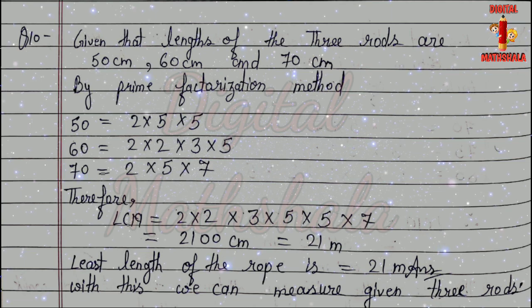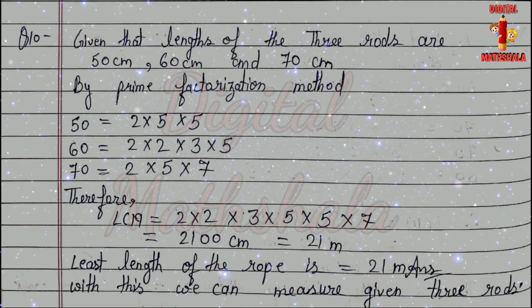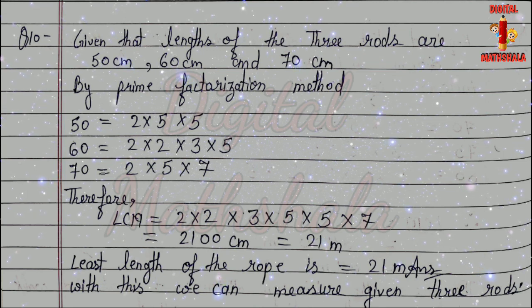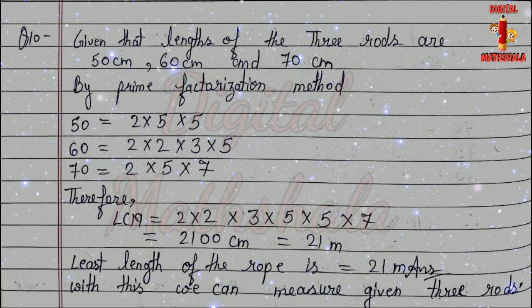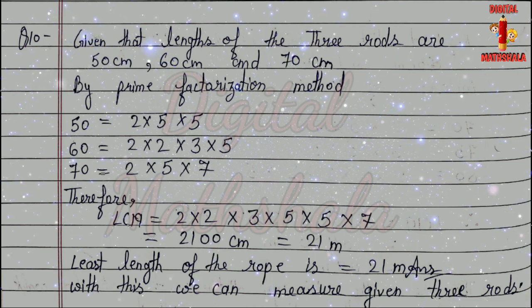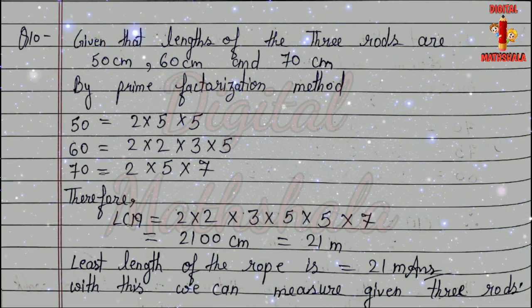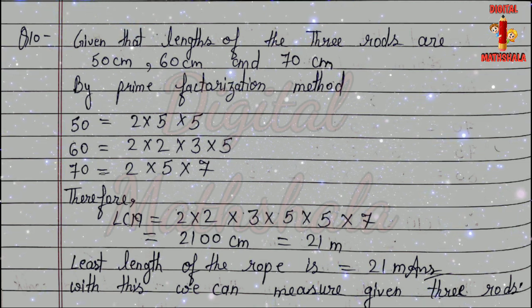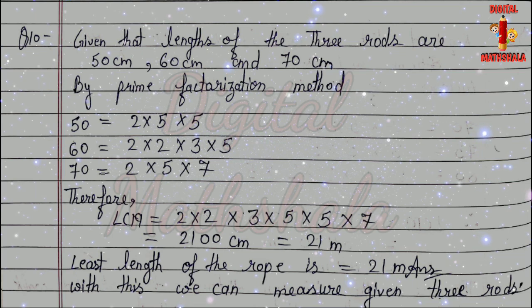So in question number 10, first of all we will find the prime factors of the given numbers. Prime factors of 50 are 2 multiply 5 multiply 5, and 60 is 2 multiply 2 multiply 3 multiply 5, and 70 is 2 multiply 5 multiply 7.